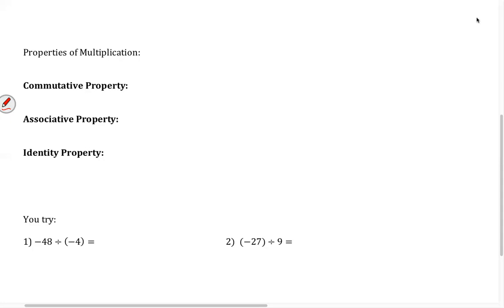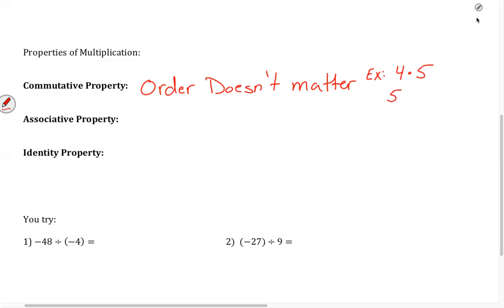You go back and forth. Back and forth. So commutative property means order doesn't matter. Order doesn't matter with multiplication. Example, think about it. 4 times 5 is the same as 5 times 4. They're both 20. Doesn't matter.